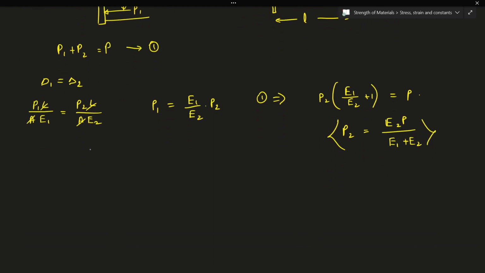Now P1 is again equal to P minus P2, that is nothing but P minus E2 P divided by E1 plus E2, which is nothing but P E1 divided by E1 plus E2.